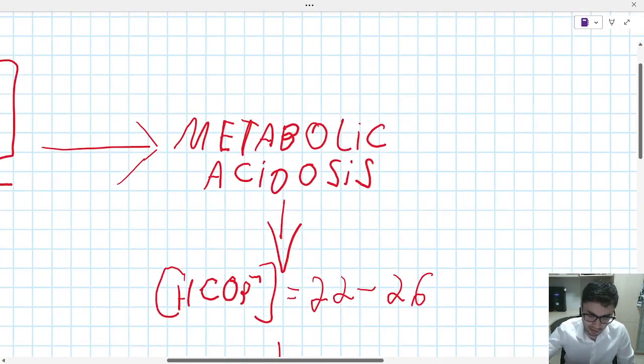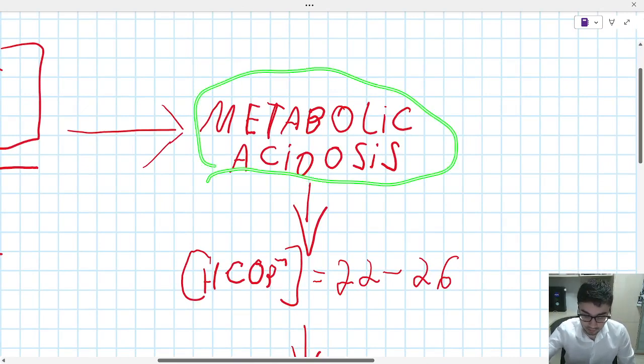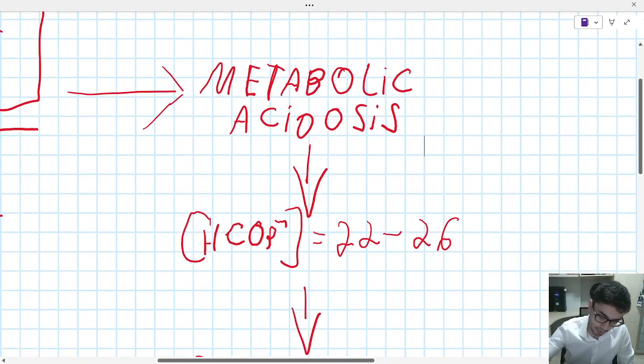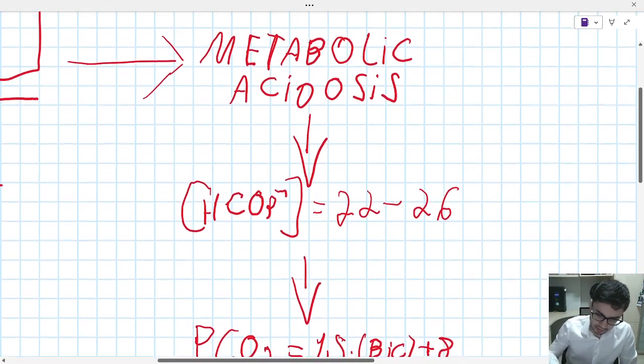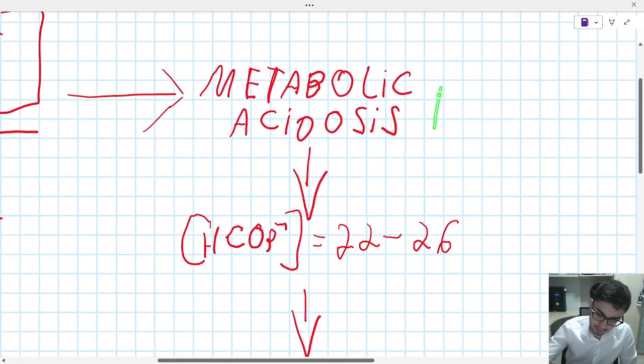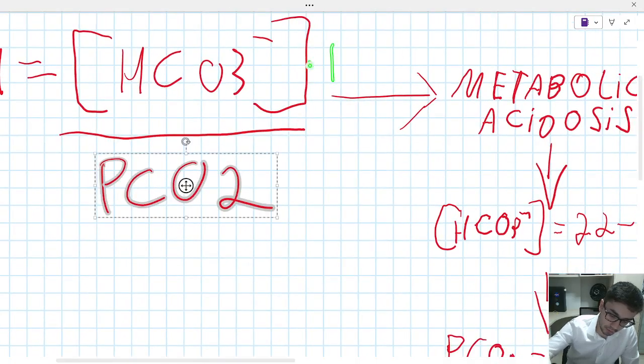First of all, let's talk about a metabolic acidosis. Remember the normal values for bicarb: 22 to 26. If we have a metabolic acidosis, the bicarb will be down.